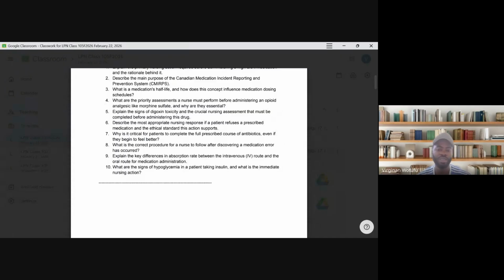Where it exerts its effects already. It does not have to go through the GI tract or the liver for first pass effects, right?